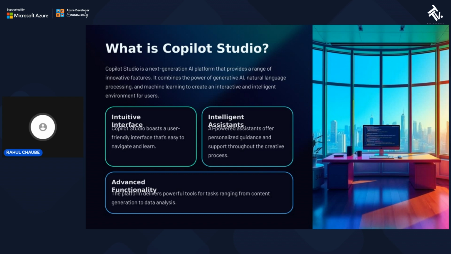So, what is Copilot Studio? Let's go deeper into what it actually is. It's a combination of generative AI, natural language processing, and machine learning. First, we see generative AI. It's a core feature here. It enables the user to create original content like text, image, audio, video, and more through AI-driven models.